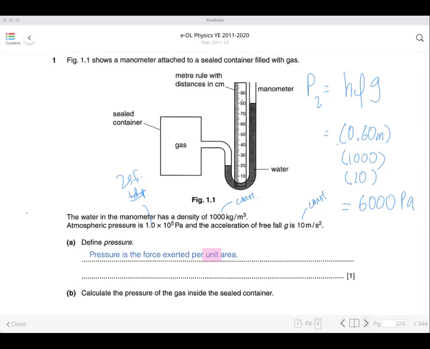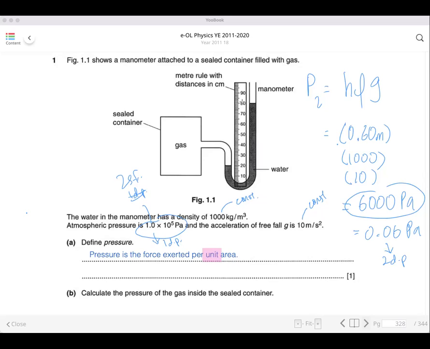Then you add these two together. This is the same as 0.06 times 10 to the power of 5 Pascal. When you add them together, this is to 1 decimal place, this is to 2 decimal place, and you use the minimal decimal place.